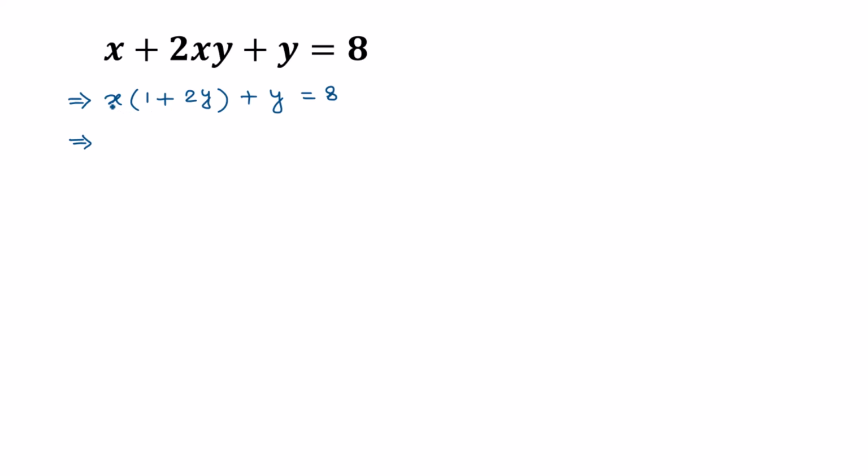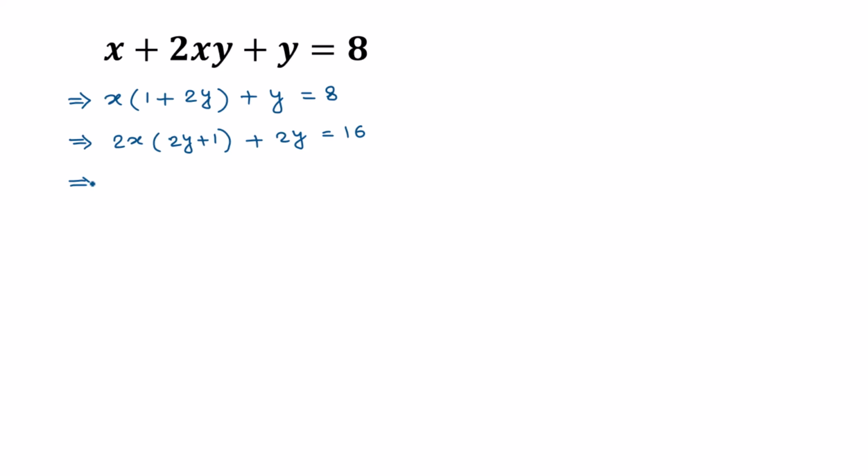So multiplying both sides by 2, we can write 2x times (1 + 2y). Rearranging this, we can write 2x(2y + 1), and multiplying by 2 here, it will be plus 2y is equal to 8 times 2, this is 16.